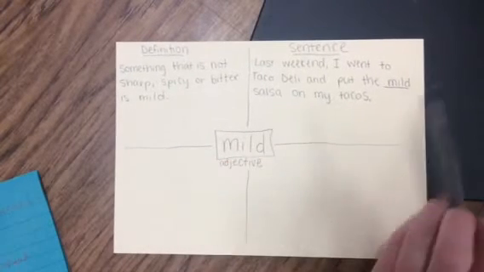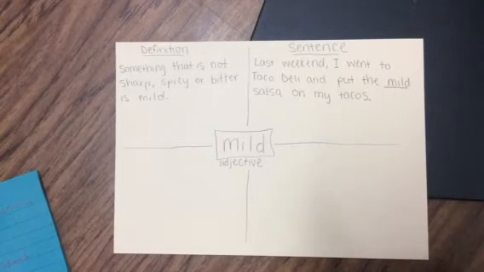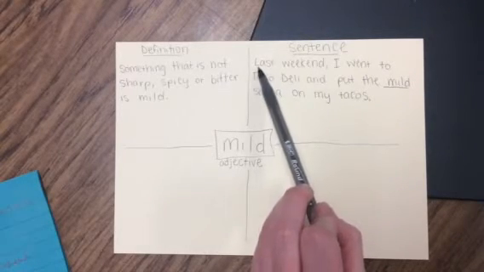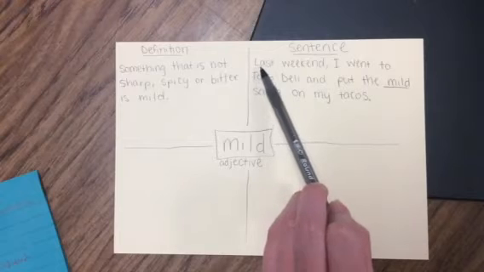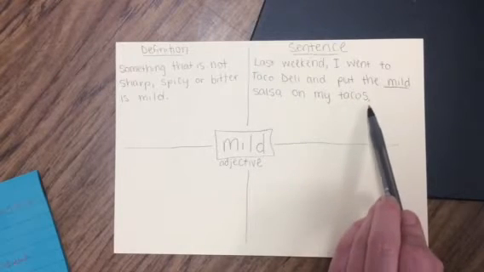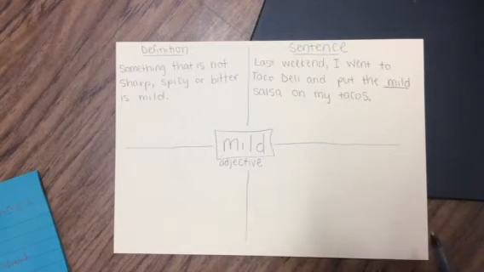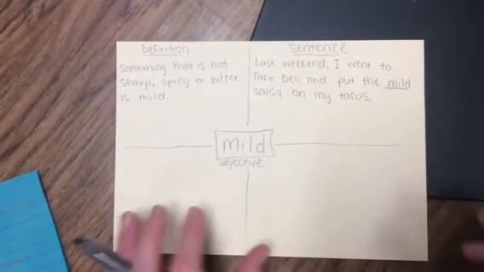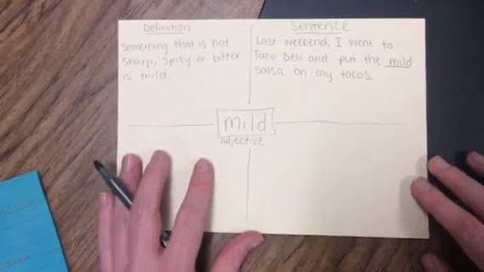When you finish your sentence, underline the word that you've used. Also, double check. Make sure that you started your sentence with a capital letter and you ended your sentence with a punctuation mark, a period, a question mark, or an exclamation point, depending on what sentence you've written.